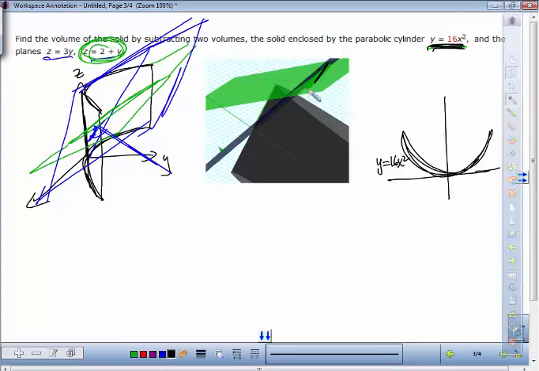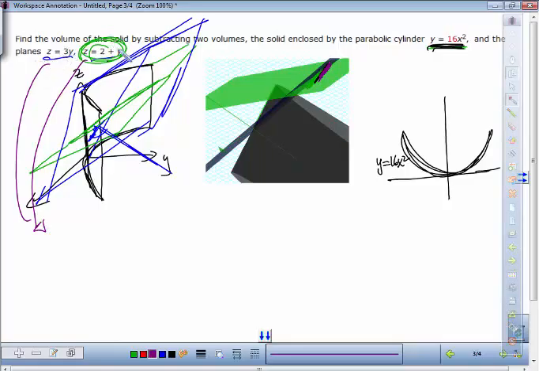So the question is, what is that y value where they get cut off? And what happens is that the blue and the green planes look like they intersect up here. So how would you propose we can find the intersection of the blue and the green planes? Whenever we find intersections, we have to, quote, set them equal to each other. Now that takes different contexts, different ways of setting things equal to each other, but this one seems pretty straightforward.